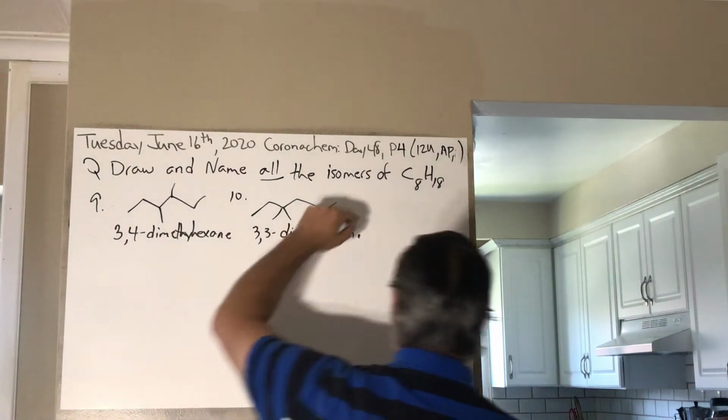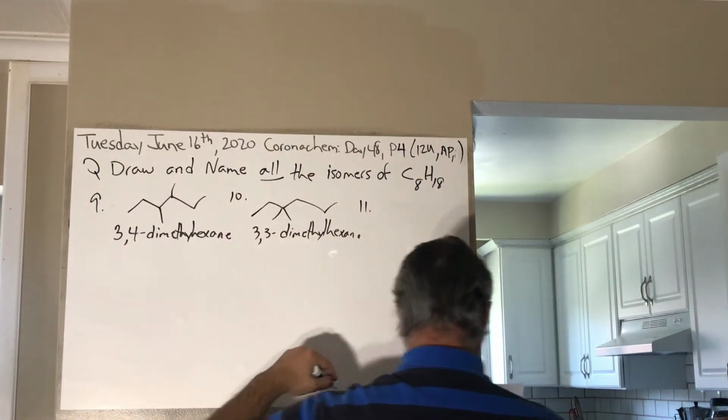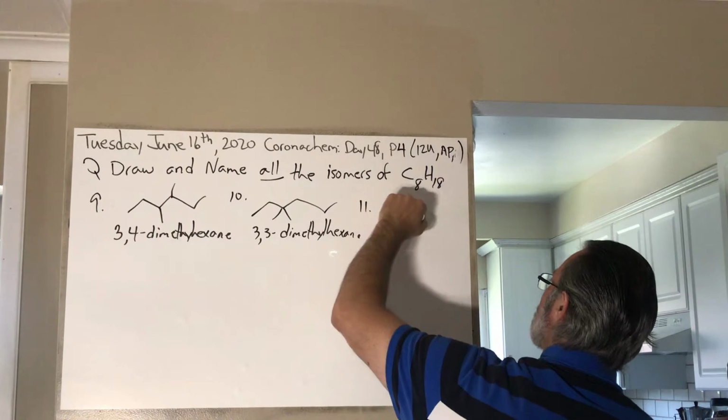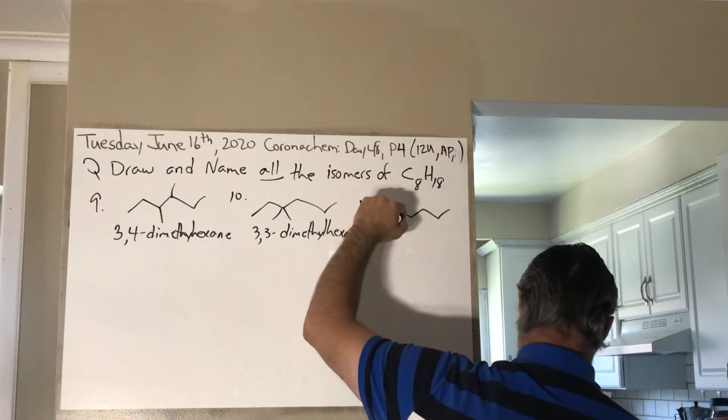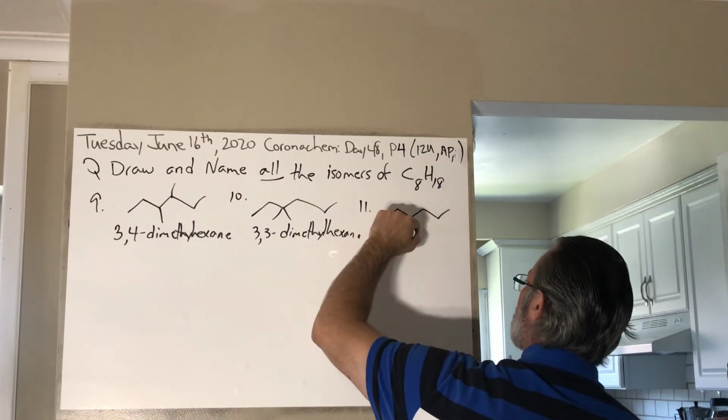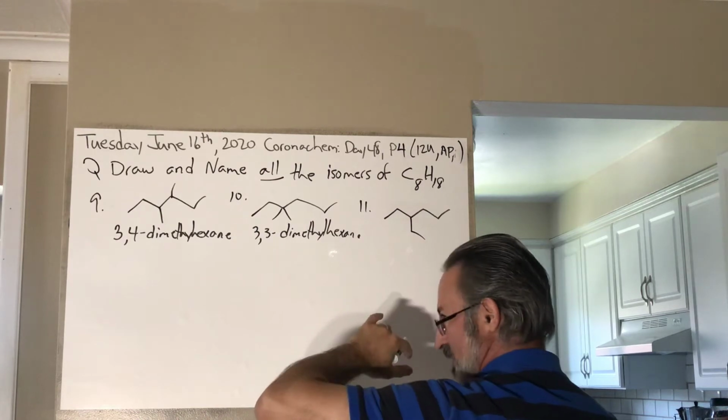So number 11. 11th possibility is 1, 2, 3, 4, 5, 6, and at the third position, you put both carbons in one continuous chain.